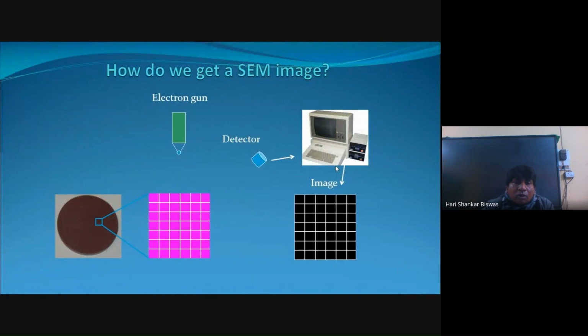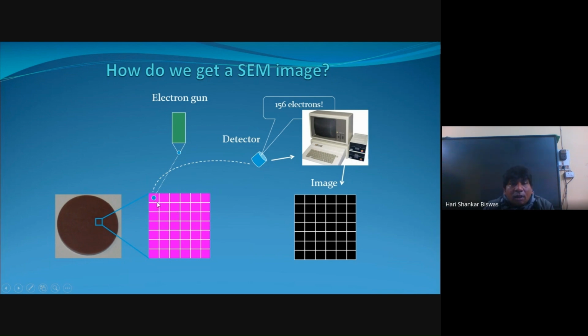Scanning electron microscope. We use an electron gun in the instrument, and it guns the electrons to the surface. You can see that it is like a sample surface, and so many electrons are ejected from the electron gun and penetrate the surface.